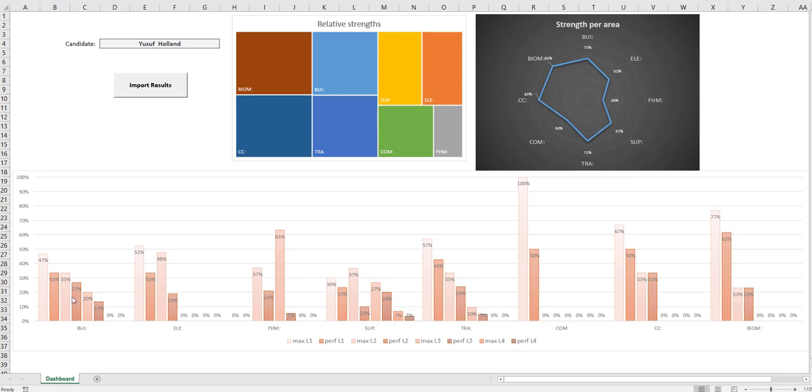So here we see that, for example, on construction, this person on level 2 is quite close to the ideal. If we see at the biomed, where this person is supposed to be very strong, we see that indeed the realistic, the actual versus the ideal bars are very close, the same on cold chain.